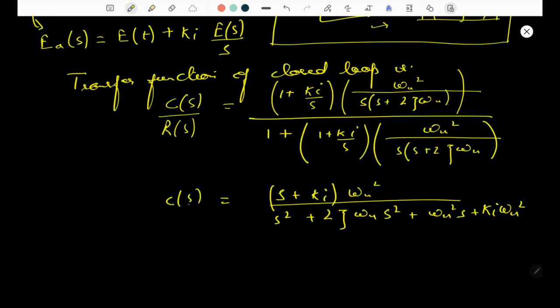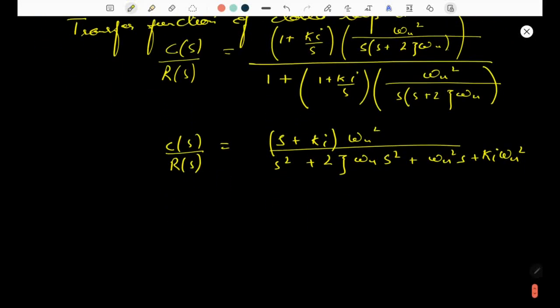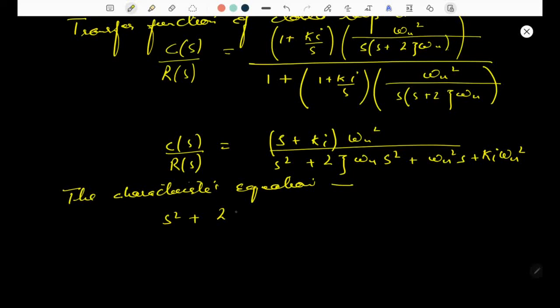This is the overall closed loop transfer function. The characteristic equation of the overall transfer function is this polynomial with the constant term Ki omega n square, equal to 0.